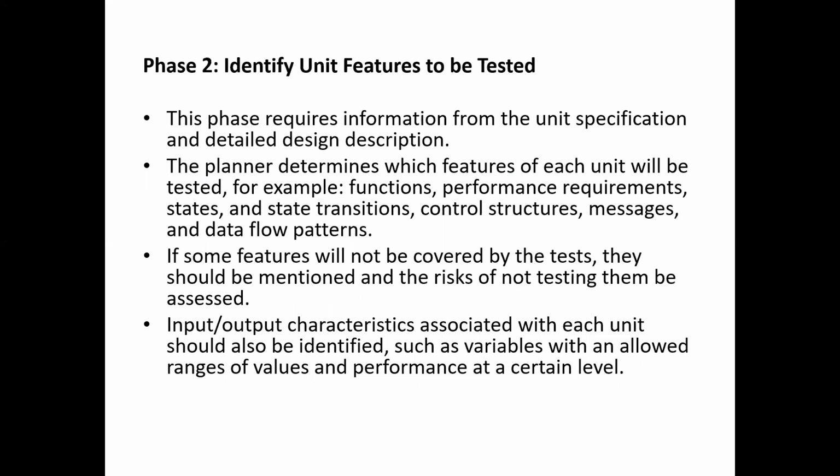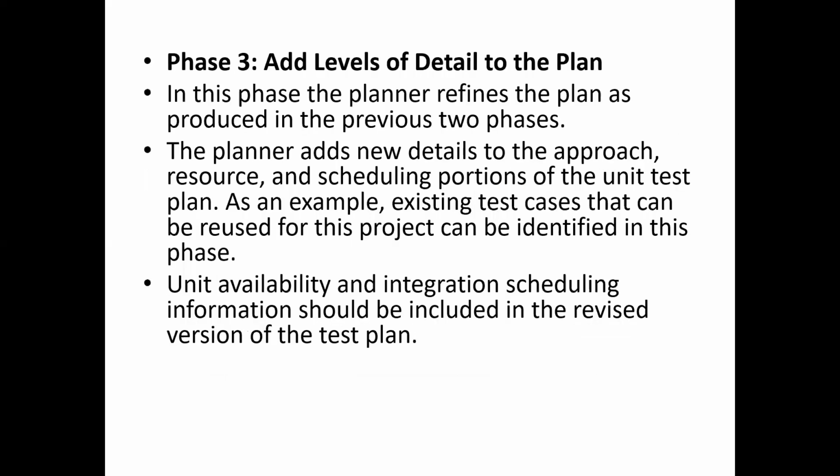If some feature will not be covered by the test, it should be mentioned and the risk of not testing it be assessed. Input or output characteristics associated with each unit should also be identified, such as variables with allowed ranges of values and performance at a certain level.